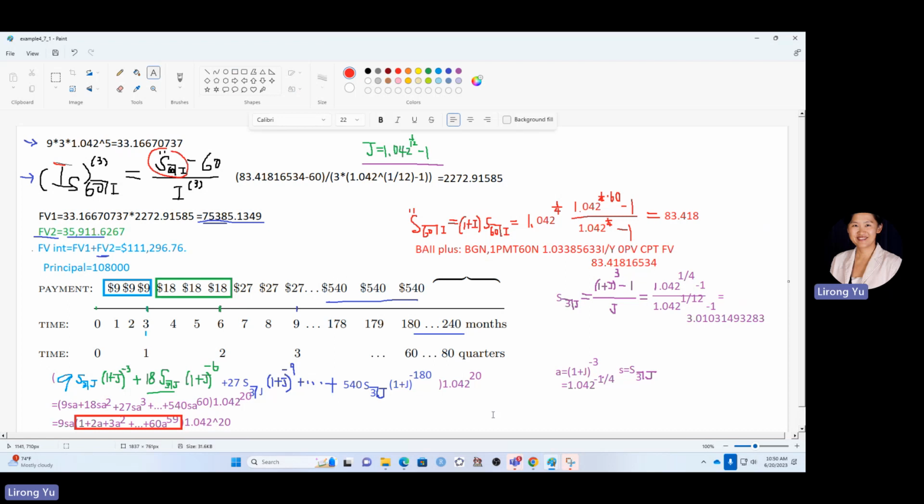Suppose you have f of A, which is equal to exactly what we have there, a summation of 1 plus 2A plus 3A squared plus, up to 60A to the power of 59.